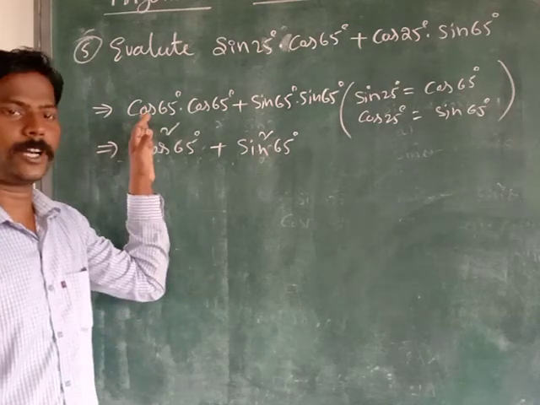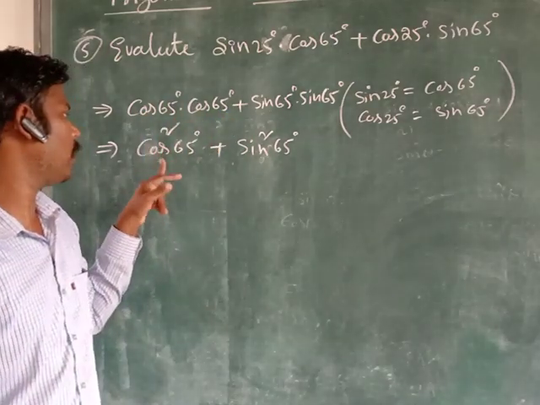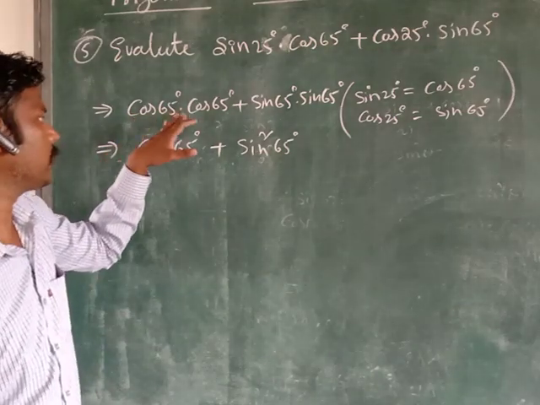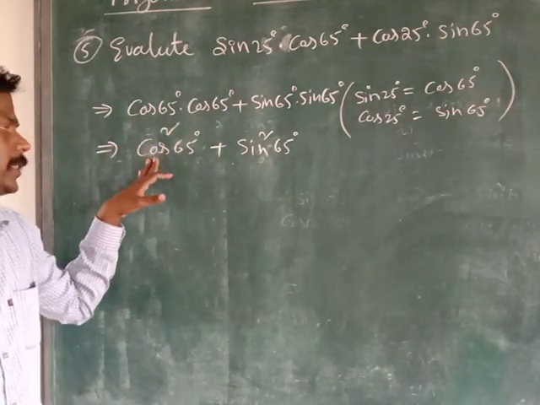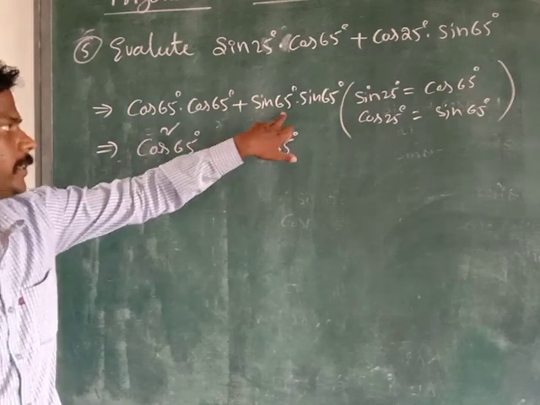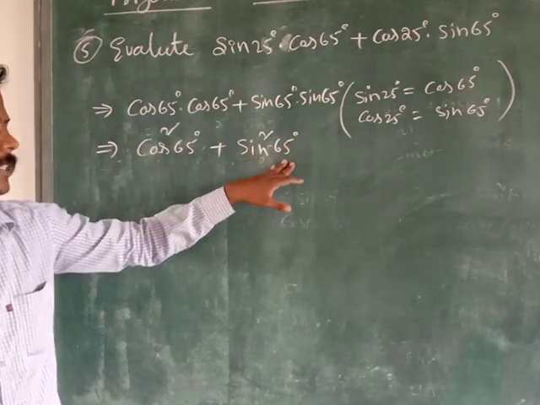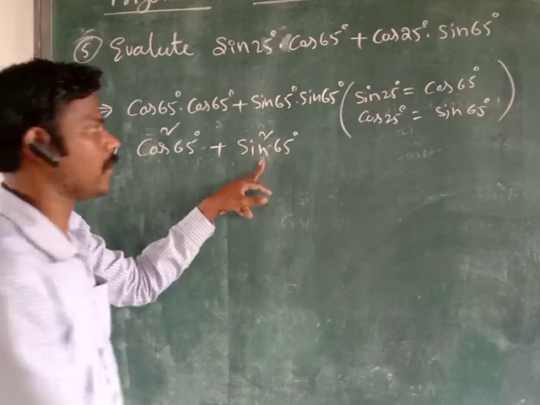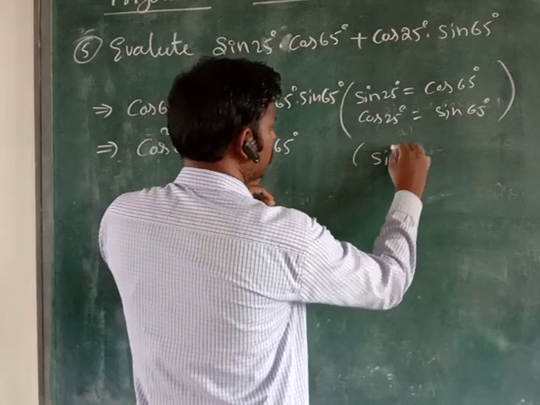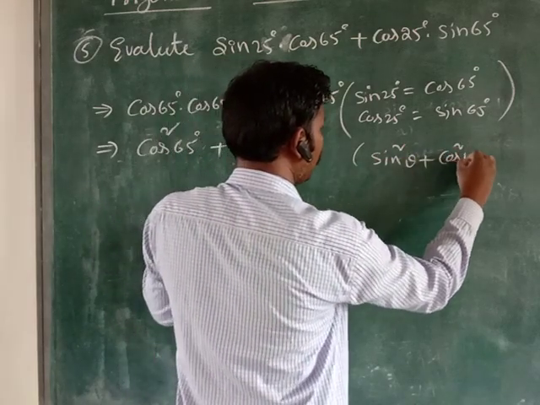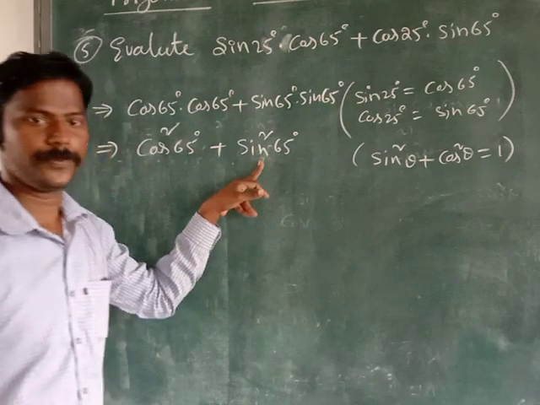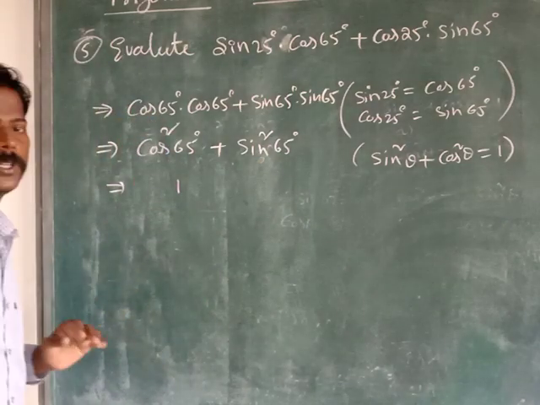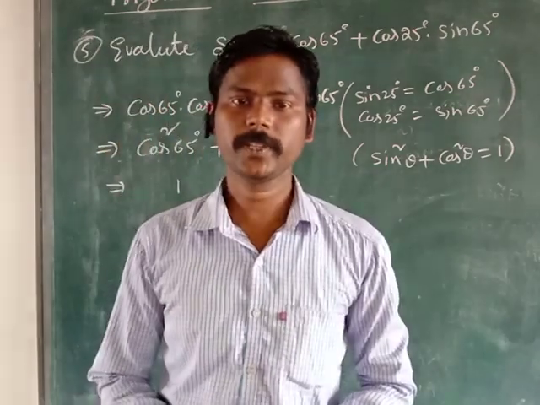When I write the same trigonometric ratio product, don't write cos 2 into 65 square, you can keep it as is, children. Now see, cos square theta plus sin square theta, we have one result. Sin square theta plus cos square theta, how much? 1. So now we can write this as 1. This is the solution for the fifth question.